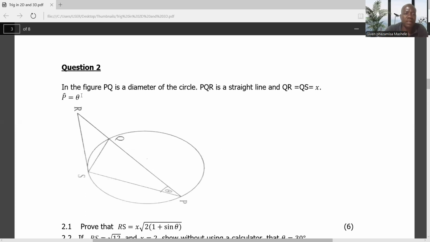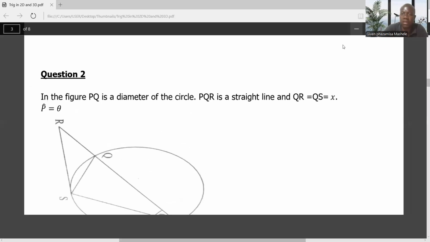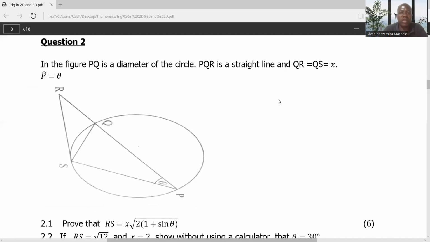Okay. Right. Question 2. This has a bit of Euclidean geometry. In this question, they're saying in the figure, let me try to zoom this. I believe you can see. In the figure, PQ is a diameter.